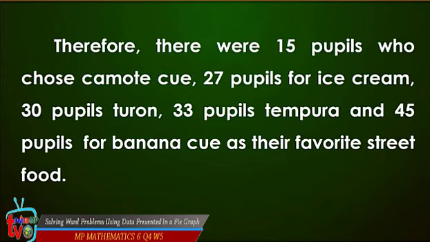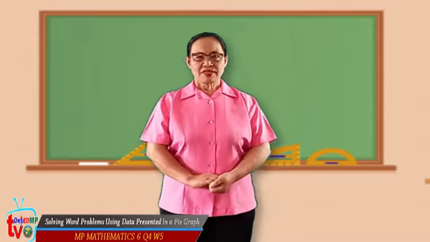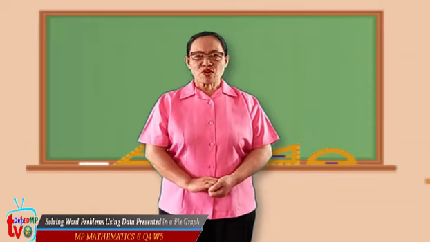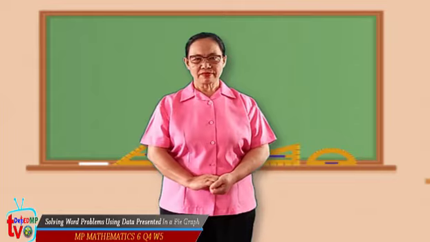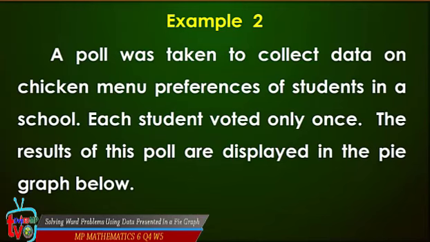Therefore, there were 15 pupils who chose Kamote Q, 27 pupils for ice cream, 30 pupils for Turon, 33 pupils for tempura, and 45 pupils for banana Q as their favorite street food. To understand the lesson more, here is another example. Example 2.